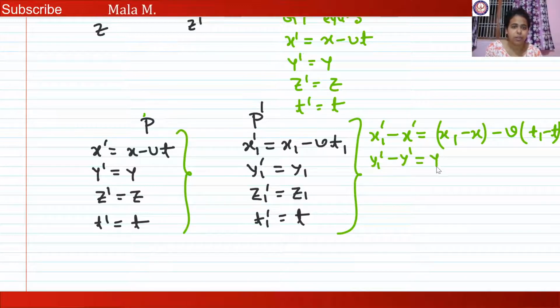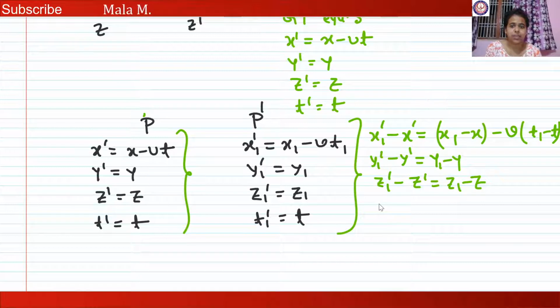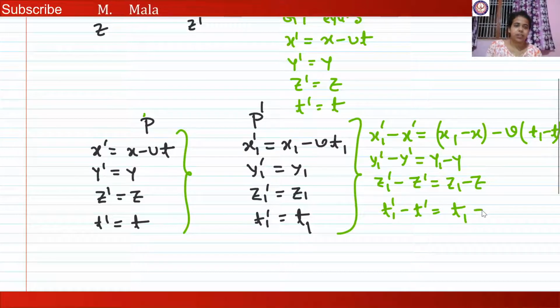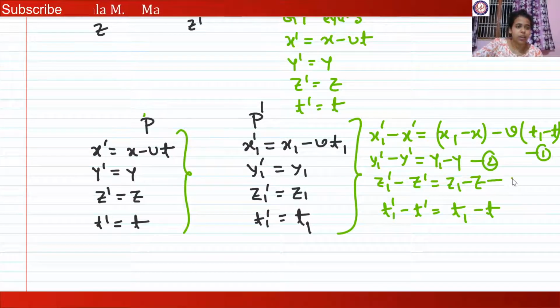That will be y1 minus y, z1 prime minus z prime will be z1 minus z, and t1 prime minus t prime, sorry, here it will be t1 minus t. So these are my four sets of equations which I will use later on in my calculation.